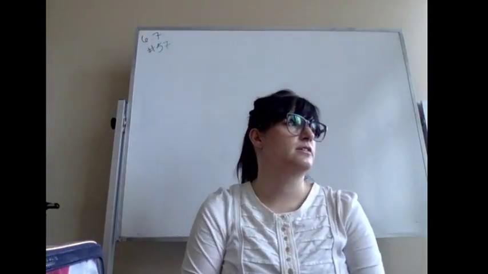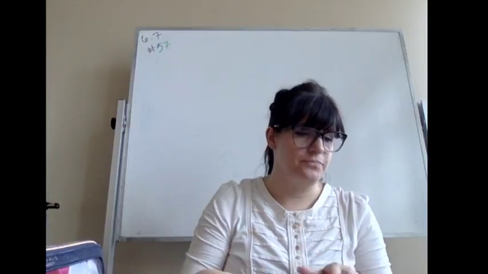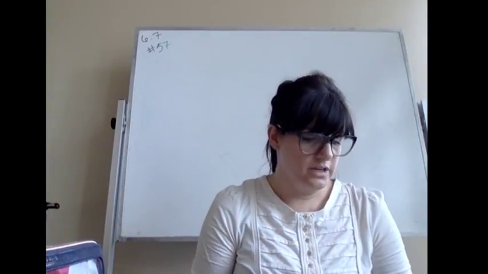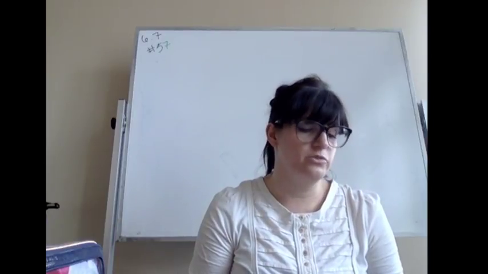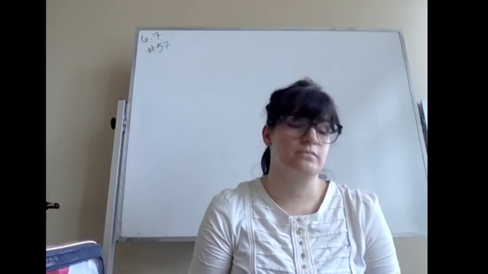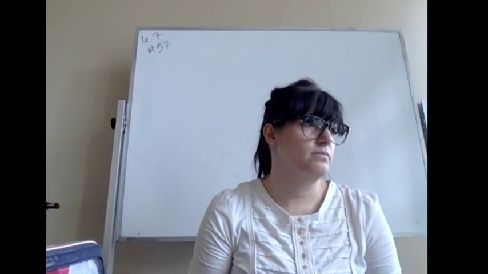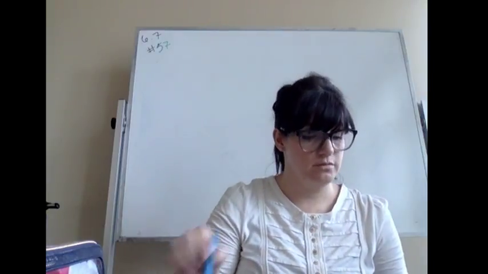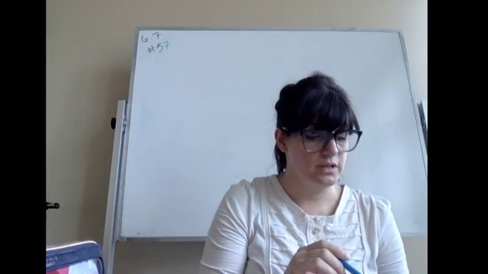So, looking at example 2, is there a local maximum to A? No. Because it's just one thing, and then it keeps going. There's not a pattern, so you can't pinpoint. It's at y equals 2.